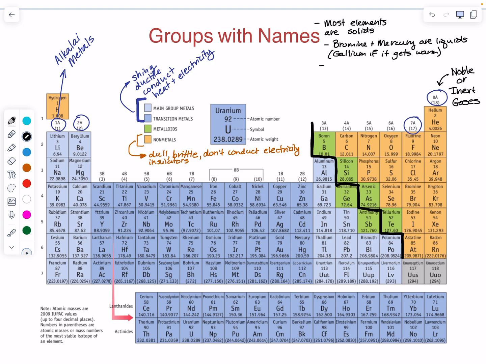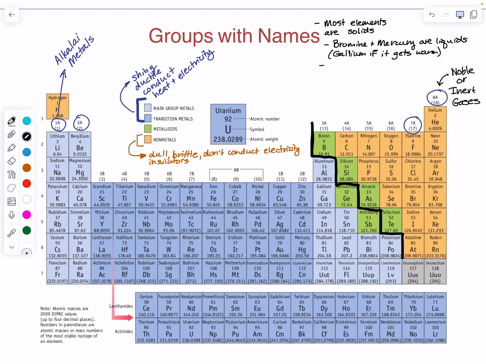So let's talk about the difference between the alkali metals and the noble gases. They're at opposite ends of the spectrum, okay? One are ductile, shiny, reactive, electrically and thermally conducting solids. And then on the right, we have the noble gases.